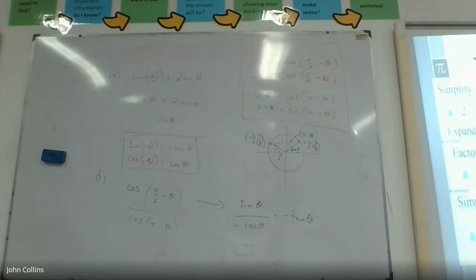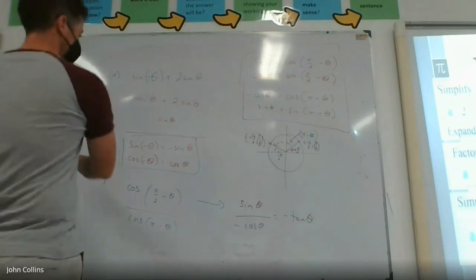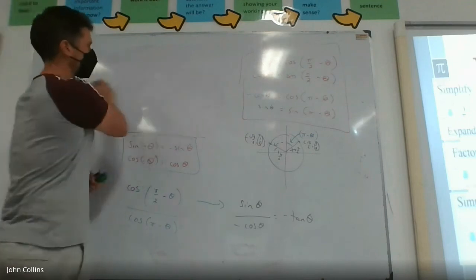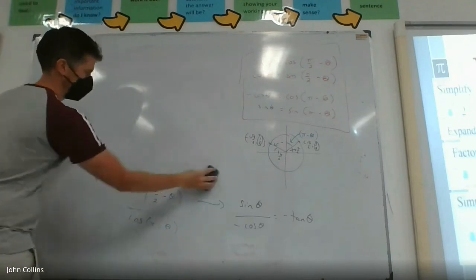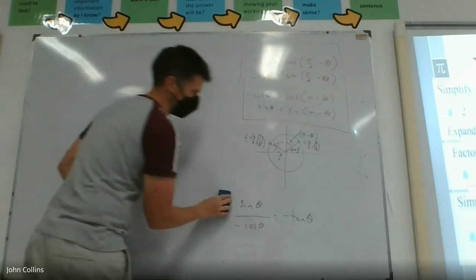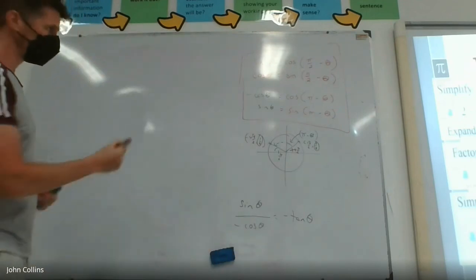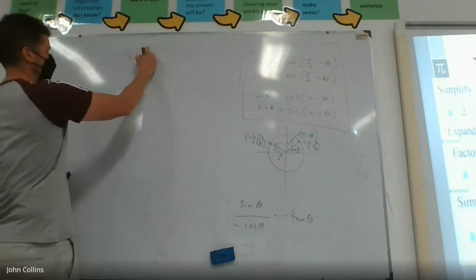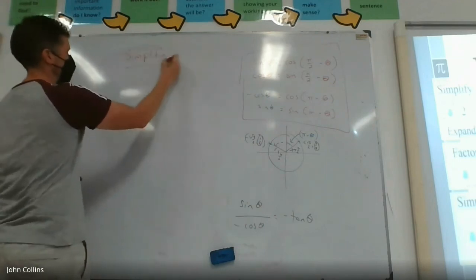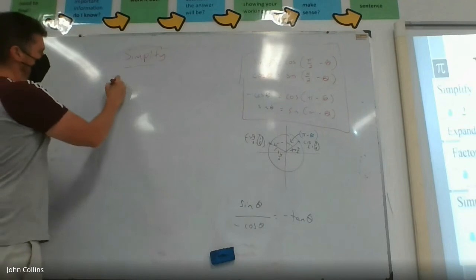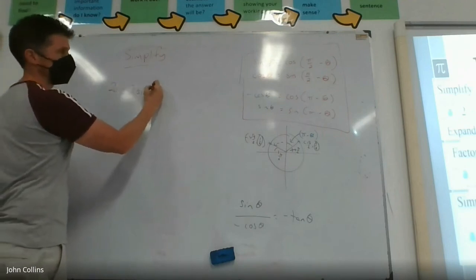Okay. Let's try and use the Pythagorean identity to simplify and factorize some more questions. This is really just algebraic manipulation. I'm going to try and simplify in trig terminology: 2 minus 2 sine squared theta.